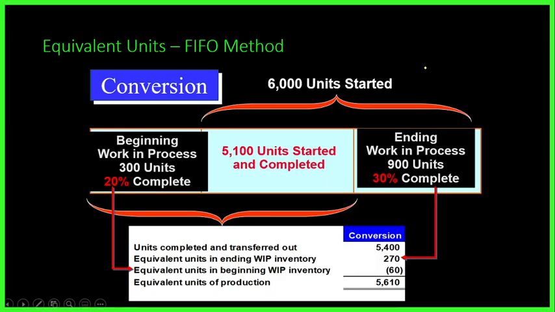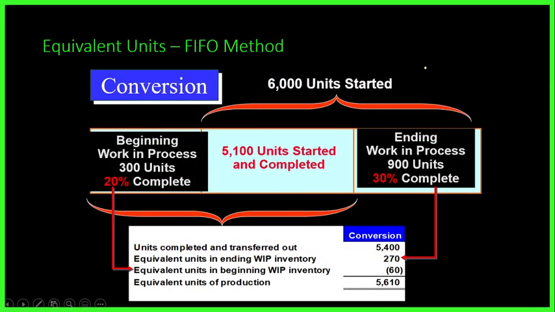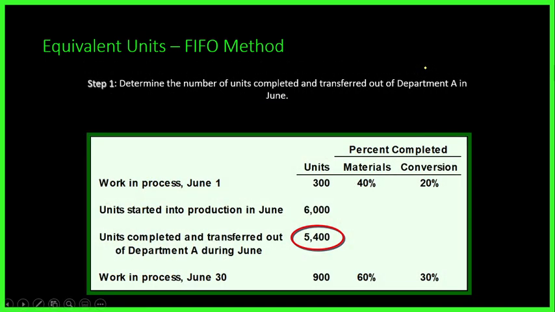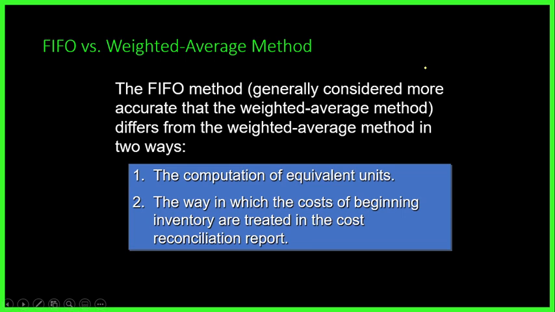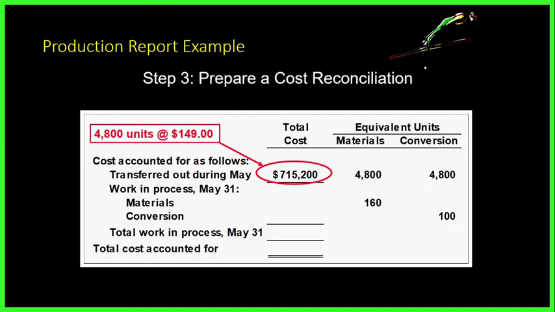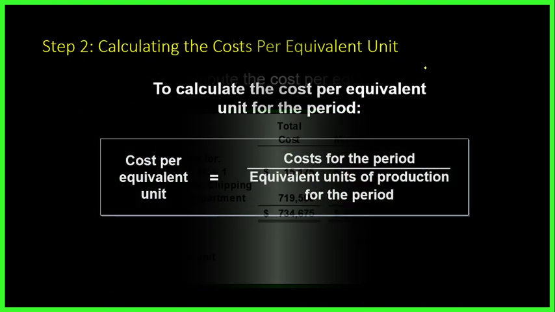Ito na naman si Erorita eh. 4,960. Ano, that's a different example. Let's use the other example. Is this the one?